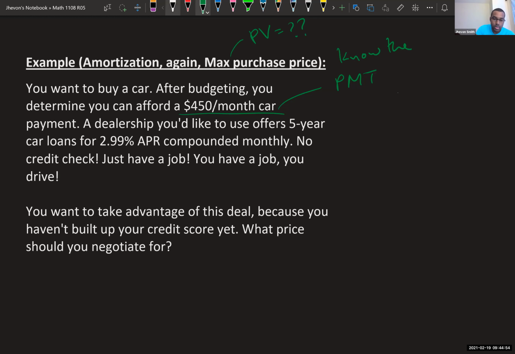So how much car can we afford for this is the idea, right? So this is called the max purchase price problem. It's like when you know what payment you can afford regularly, and you know what interest you're going to be charged, how much debt can you responsibly take on, right?